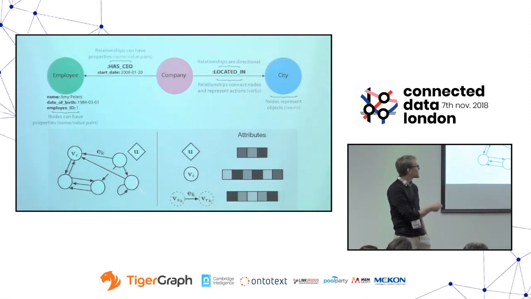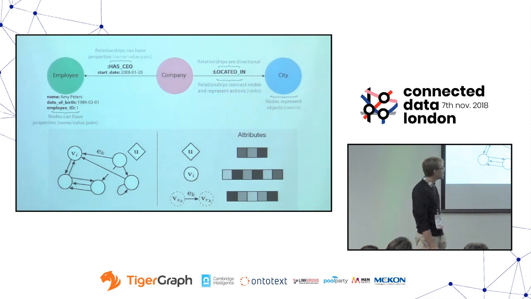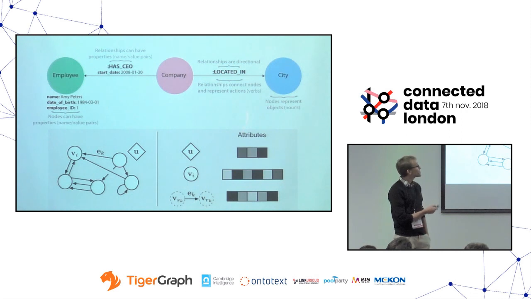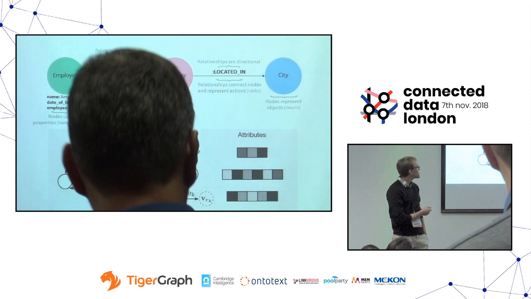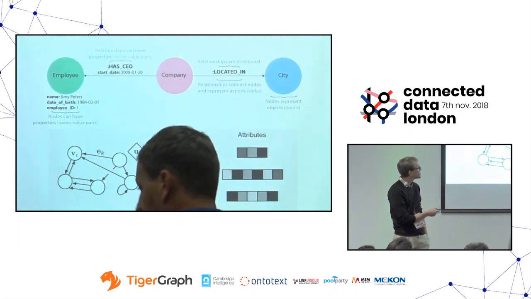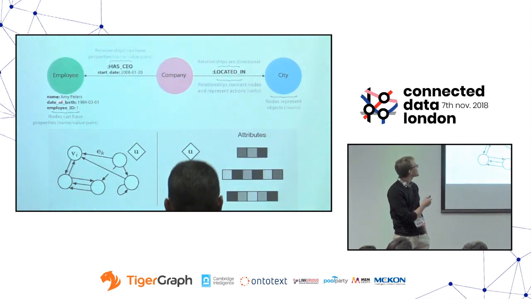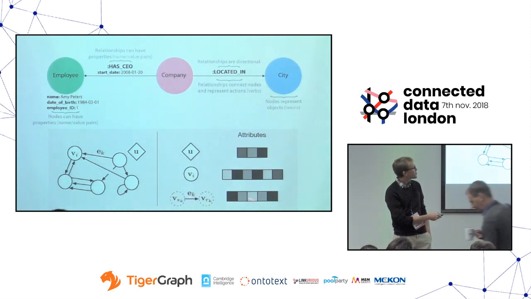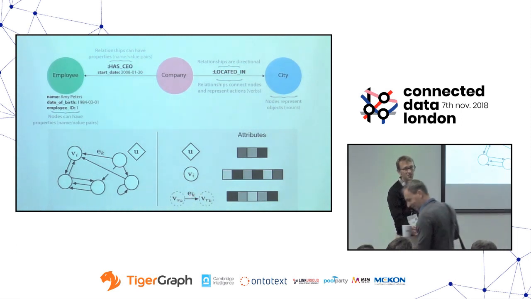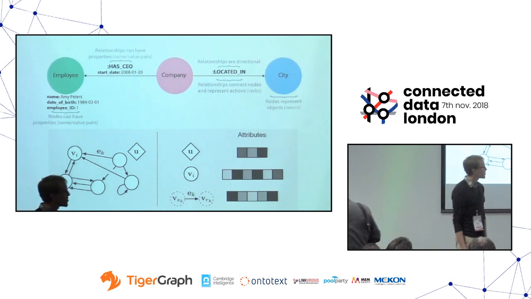This is the kind of thing that we spend our time reading in the deep learning, machine learning community. It's a bit less accessible than the top one, but these are basically the same. So we have multiple relationships between nodes. Nodes have properties. Relationships have properties. So that's the graph model that we're working with.